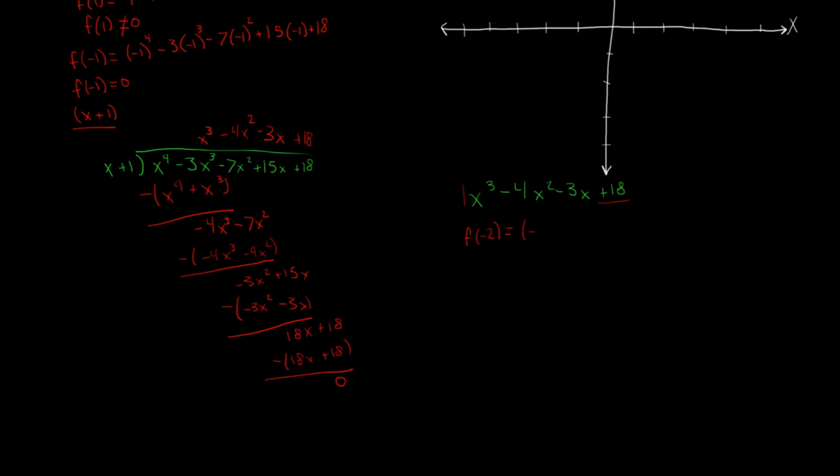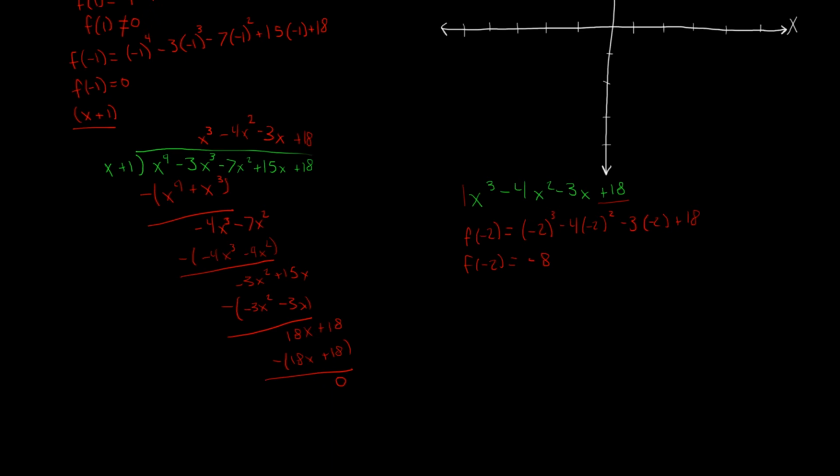So if I were to sub this in, negative 2 cubed minus 4 times negative 2 squared minus 3 times negative 2 plus 18, f of negative 2 will be equal to: 2 times 2 times 2 is going to be negative 8, because it's negative and to the power of 3. Negative 2 to the power of 2 is going to be positive 4.